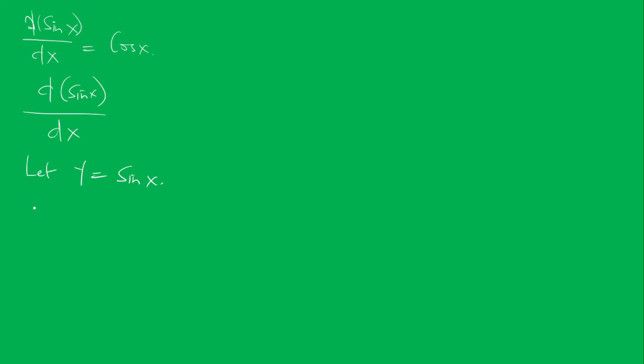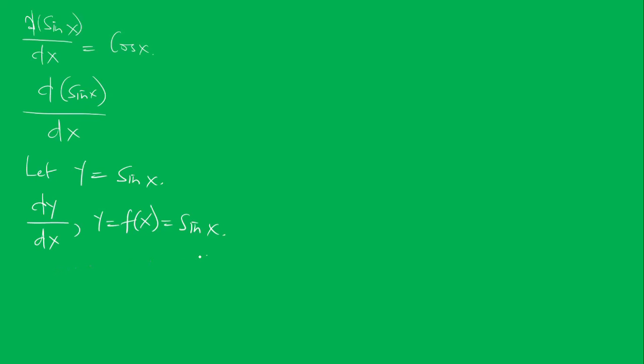So that means we are looking for the derivative of y with respect to x, knowing fully well y is a function of x, which is equal to sine x.